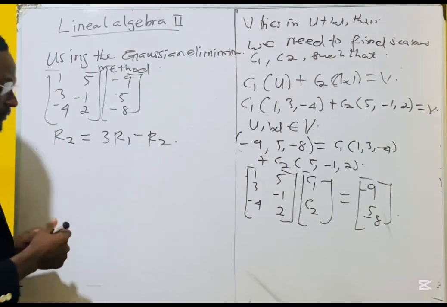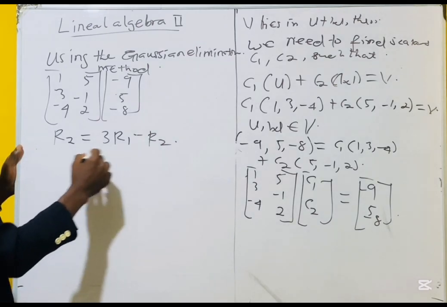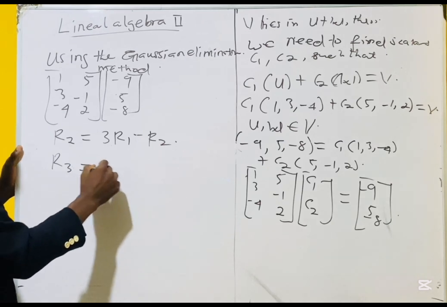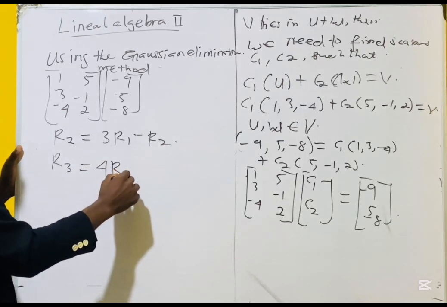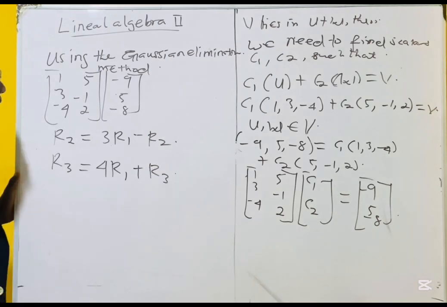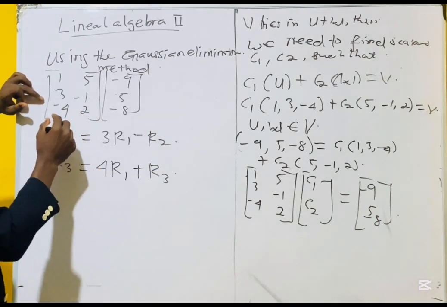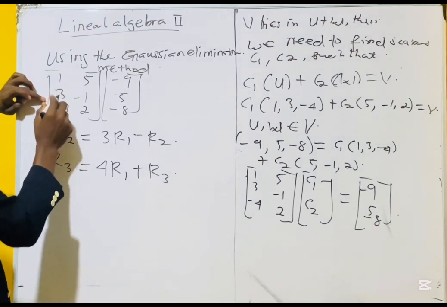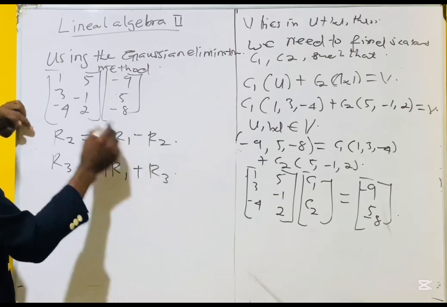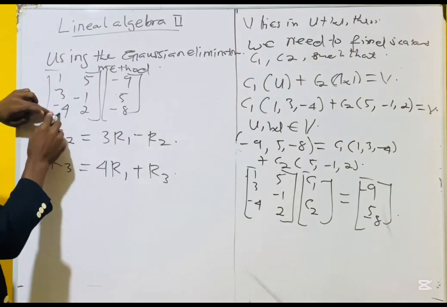Then we can also say that R3 should be equal to 4R1 plus R3. So we are eliminating this and this. 3R1 minus R2 gives us 0 here, and 4R1 plus R3 gives us 0 here.